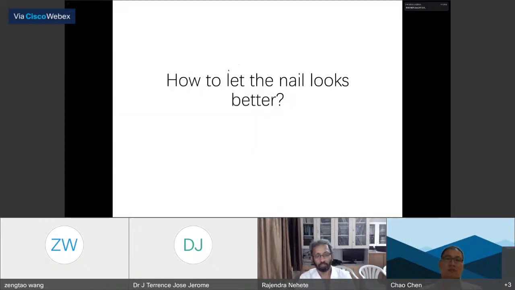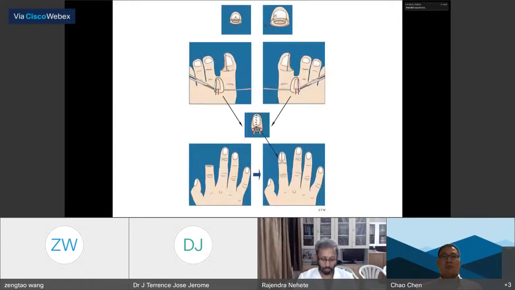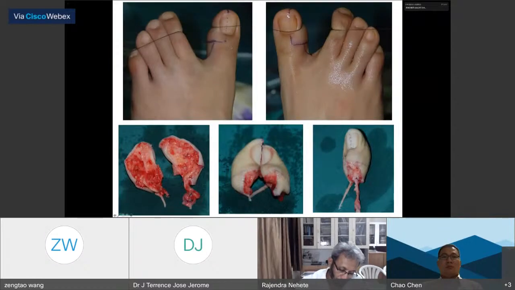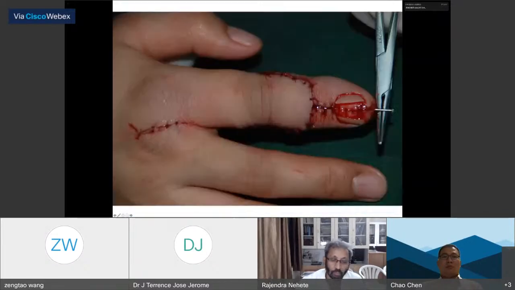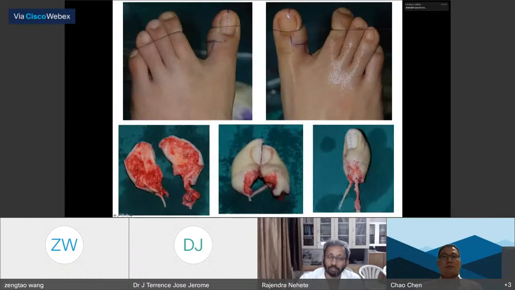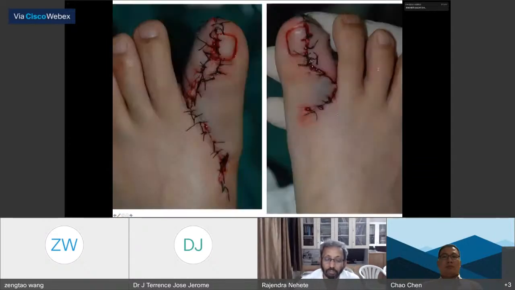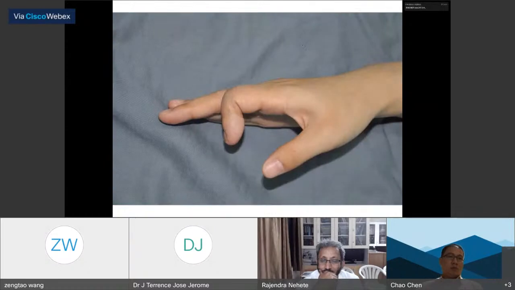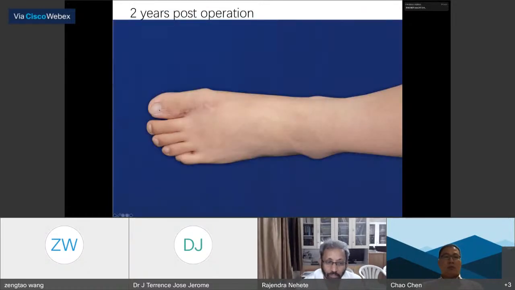We use another method to let the nail look better. Use this method. Pre-operation, a little part, and we combine and transfer a large part of the nail. Post-operation, the nail looks better than before. Another method.